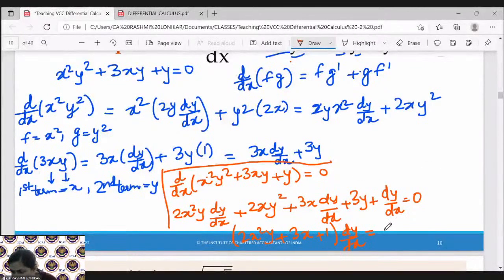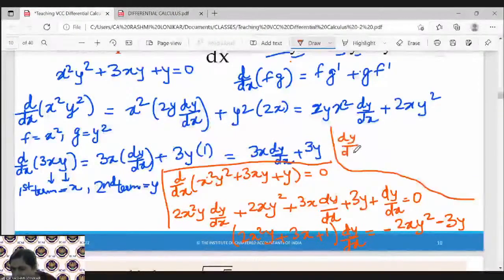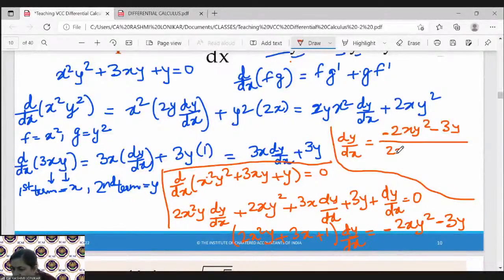So this is equal to minus 2xy square minus 3y. Okay. So from here I get dy by dx is equal to minus 2xy square minus 3y upon 2x square y plus 3x plus 1.